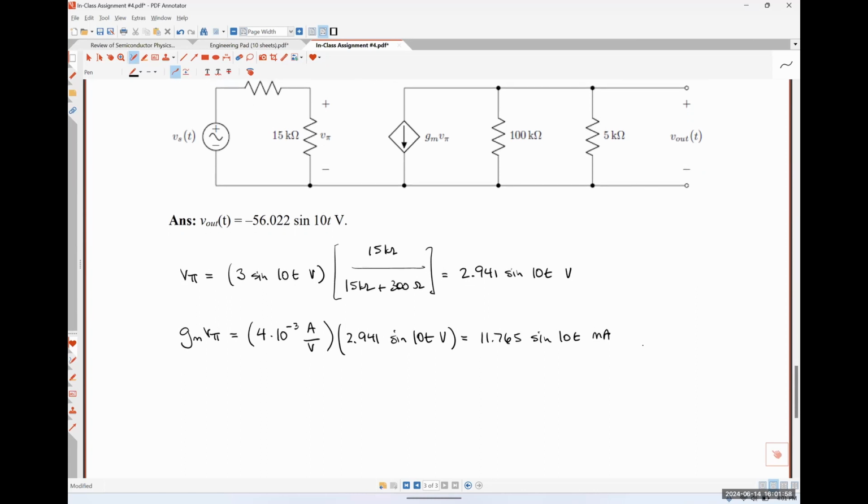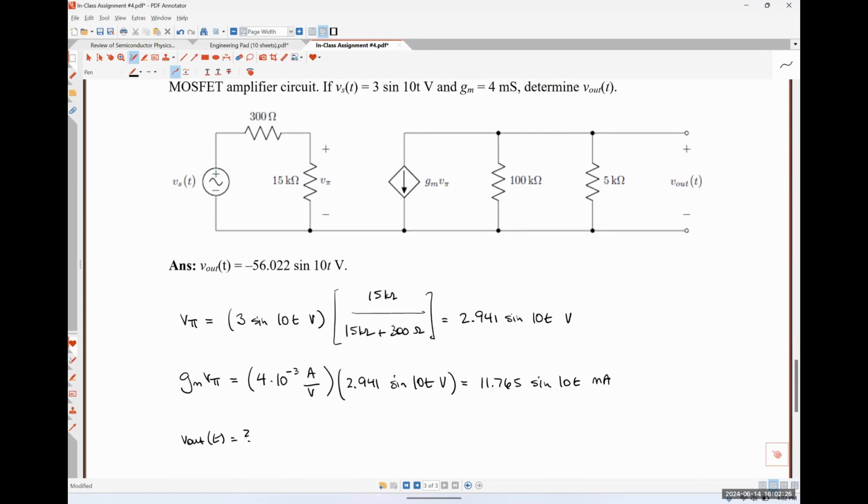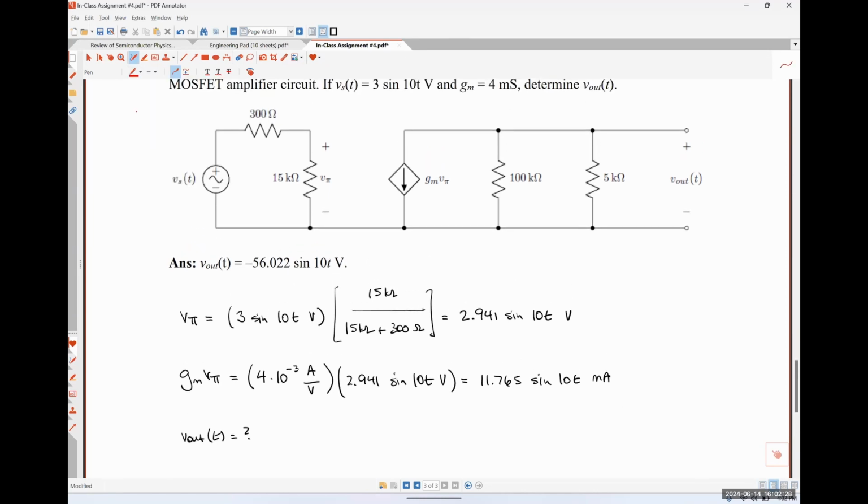So how are we going to find V out? All right, so let me just put some stuff here. So let's just say that we had 11.765 milliamps.